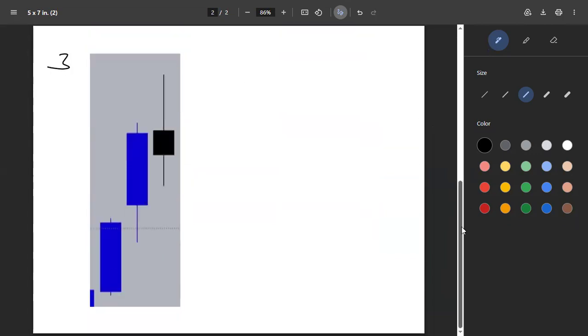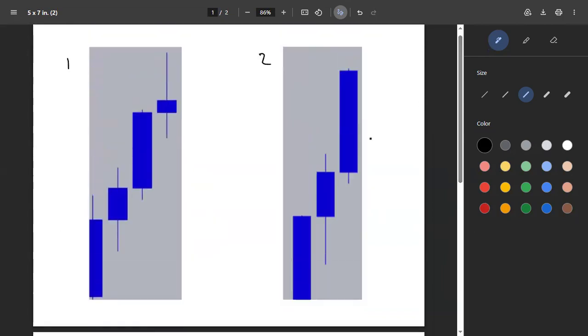So in this fair value gap, you can see we have a gap here. We have a gap here. That's a fair value gap. We have a fair value gap here.